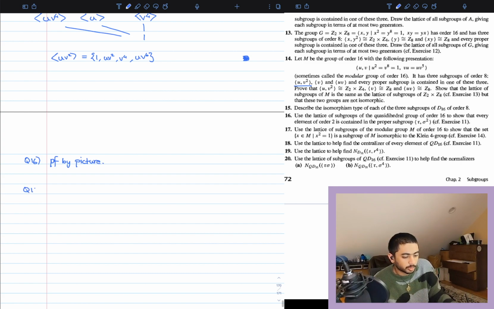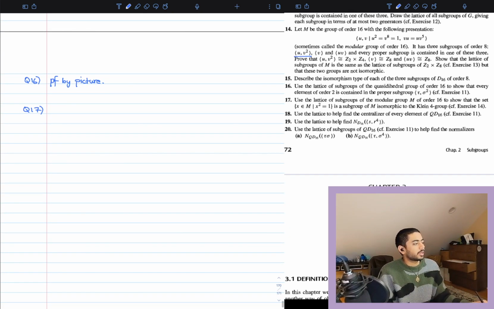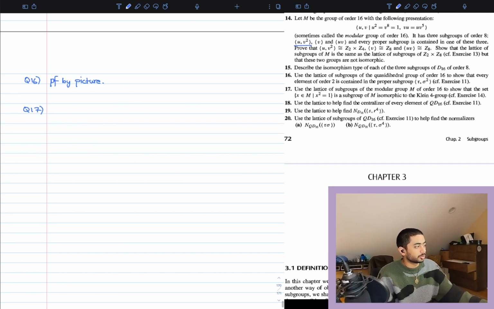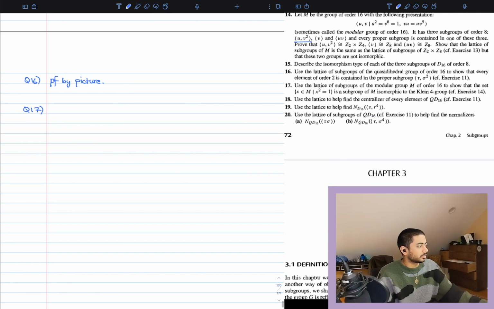So let's keep going. Question 17. I guess this is why the lattice is so useful. So many properties of the group are captured by the lattice, which is quite nice. Use the lattice of subgroups of the modular group of order 16.